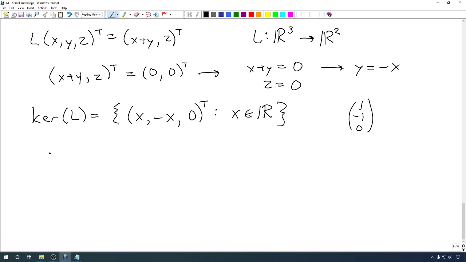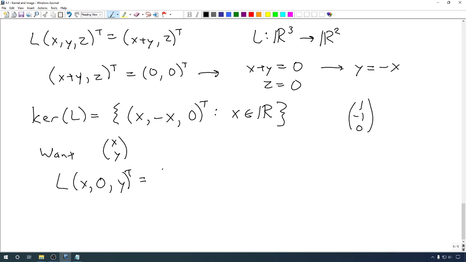What is the range? Well, again, range is a trickier concept. We have to think about that a little bit more. But we can realize that if we want the vector (x, y) to come out of our linear map, then all we need to do is plug in (x, 0, y).